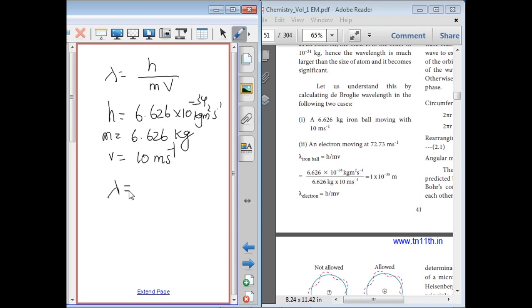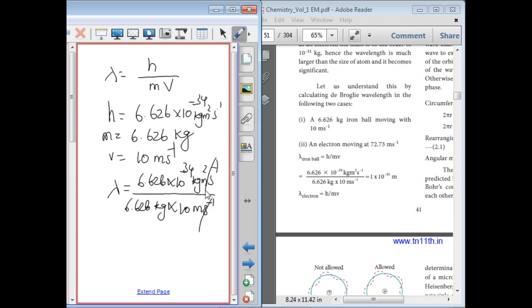So lambda equals 6.626 into 10 power minus 34 kilogram meter squared second inverse divided by 6.626 kilogram multiplied by 10 meter second inverse.